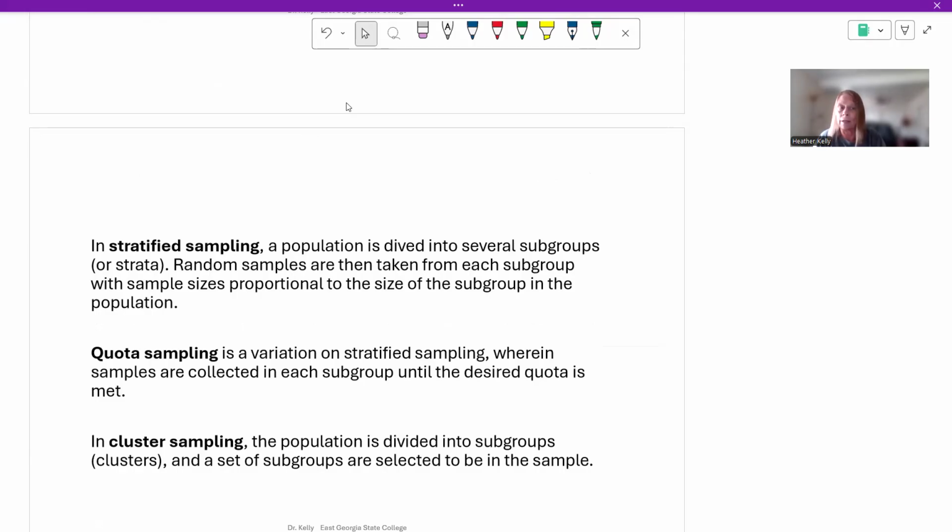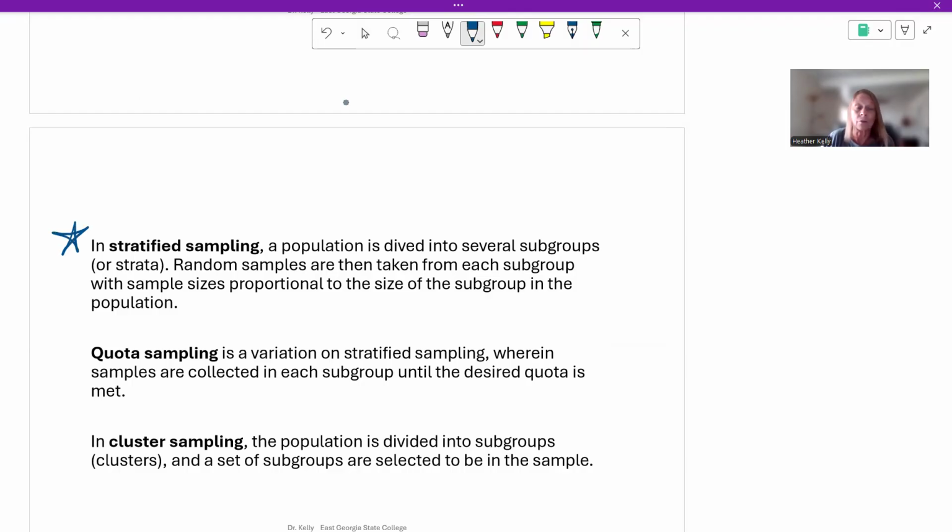There's stratified sampling, and that's where a population is divided into several subgroups, also known as strata, kind of like different kinds of rocks in a rock bed. Random samples are taken from each of those subgroups with sample sizes proportional to the size of the subgroup in the population. Now, I would say that this is very often done, to be quite honest with you.